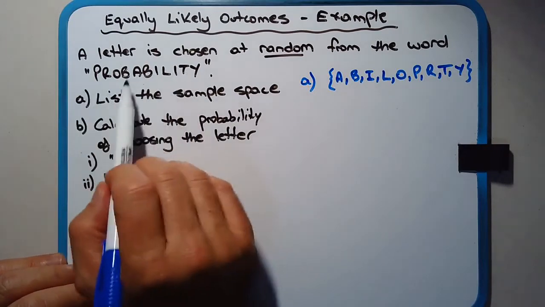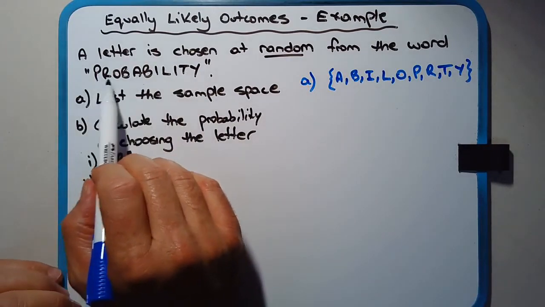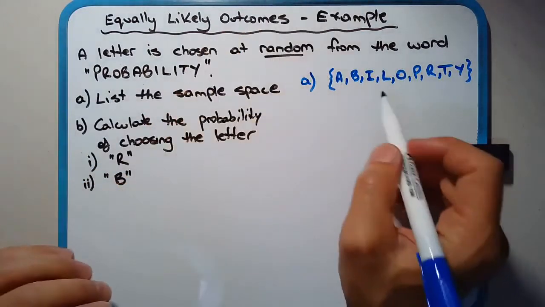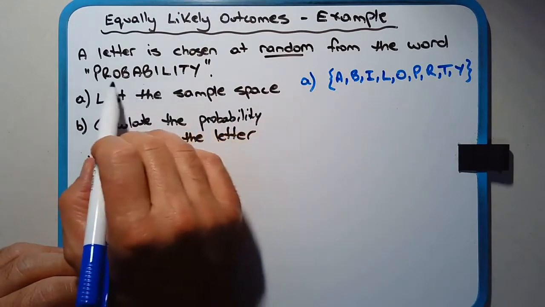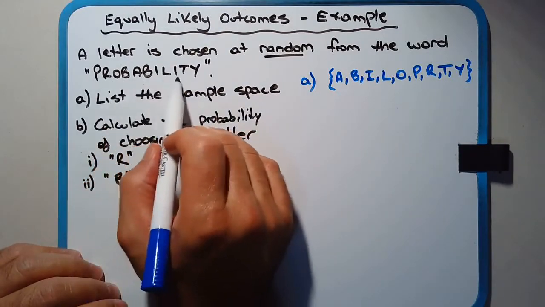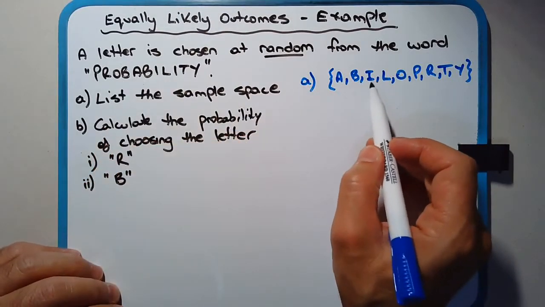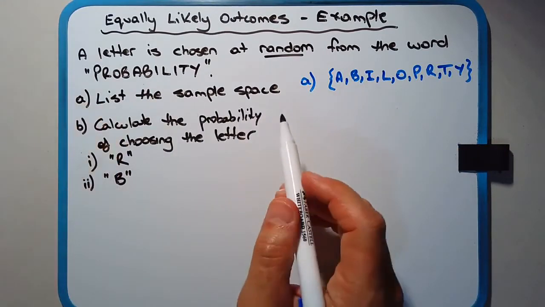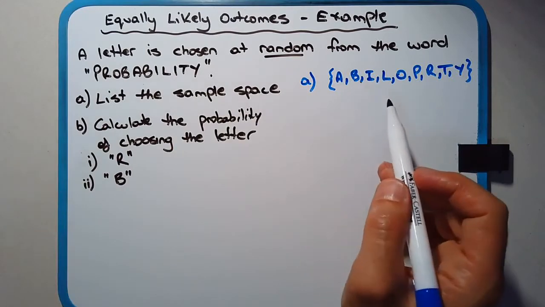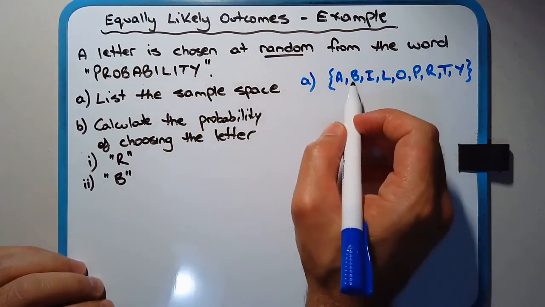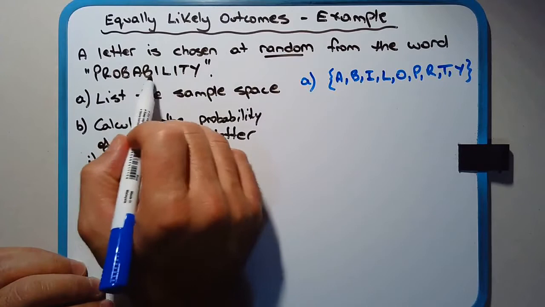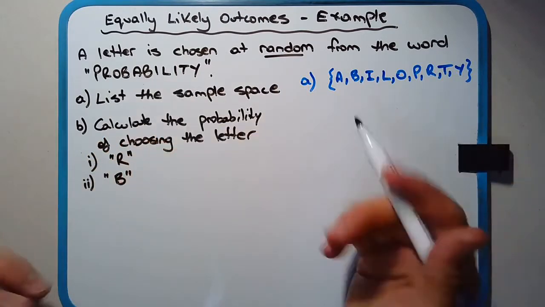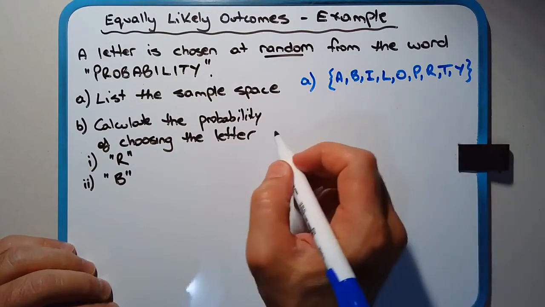While it's equally likely that I'm going to choose one of these letters if they're written on a card and put into a box or a bag, as you can see, there's 2 B's and there are 2 I's, but they're not listed twice in the sample space because it doesn't matter which of the I's or which of the B's that you draw, it's the letter B that I'm interested in. Considering that there are more letter B's and more letter I's, it stands to reason that there's going to be a greater chance of selecting one of those letters.